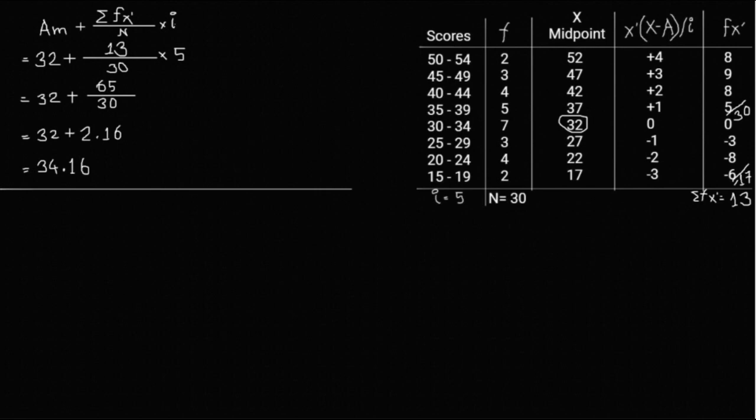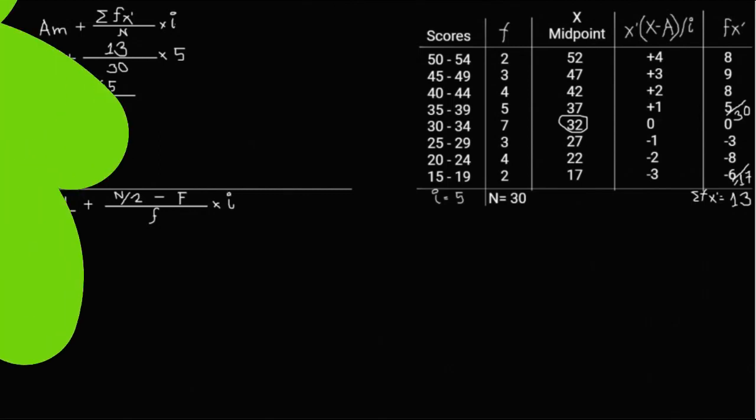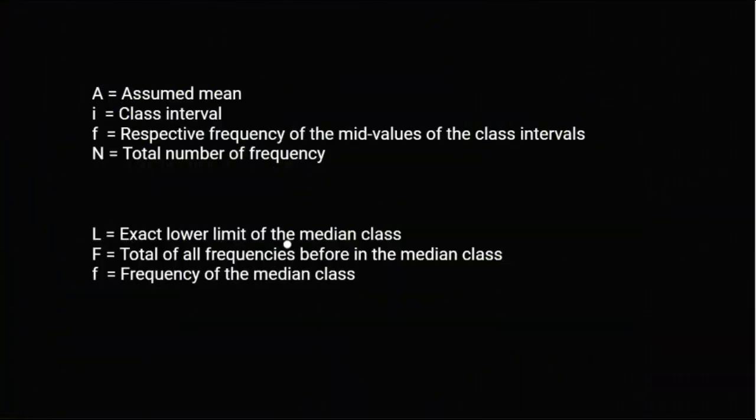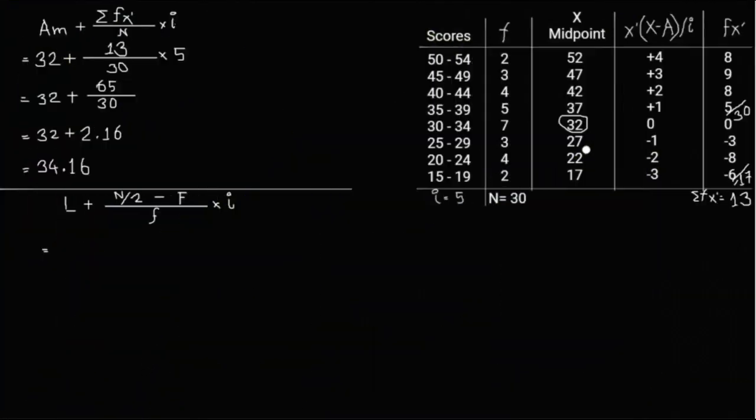Okay, so let's calculate the median. The formula of median: L plus (n by 2 minus capital F) by small f into I. So what is L? L is the exact lower limit of the median class. Capital F is the total of all frequencies before the median class, and small f is the frequency of the median class.